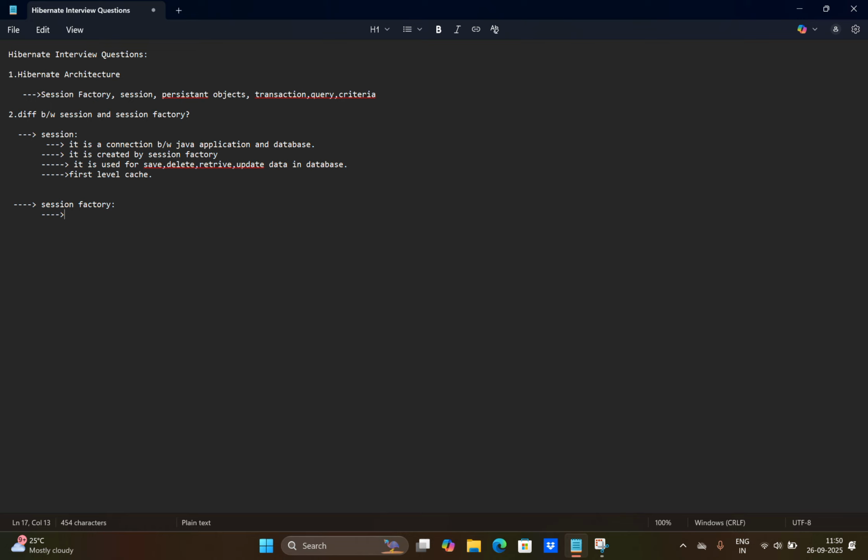Actually, the session factory's job is to hide the session creation strategy. It is responsible for creating and managing session objects that interact with the database.